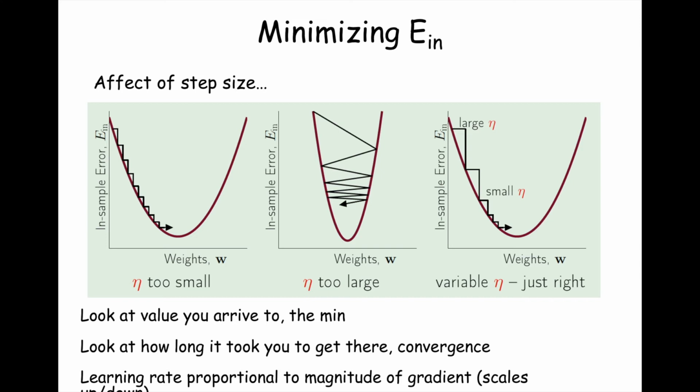Now, there are three choices. You could have eta, the step size, big enough. You could have it too big, or you could have it too small. So let's take a look at this frame on the left-hand side, your left. And on the horizontal axis, we have our weight vector. That's our W. So we're going to have a value along here as our W naught in the beginning, and then W1, W2, W3 as we proceed in our gradient descent over each iteration.